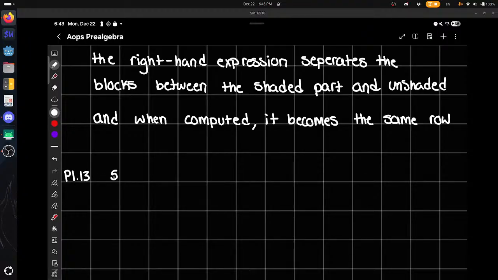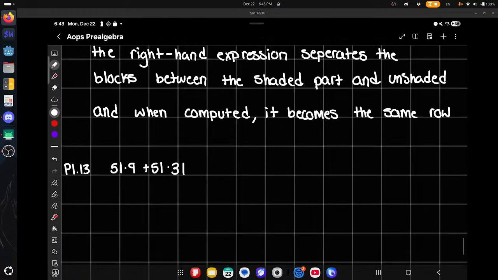Compute 51 times 9 plus 51 times 31. Okay, I'm just looking at the previous problem.